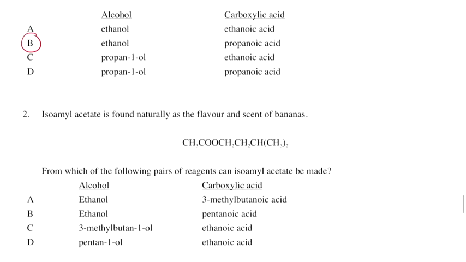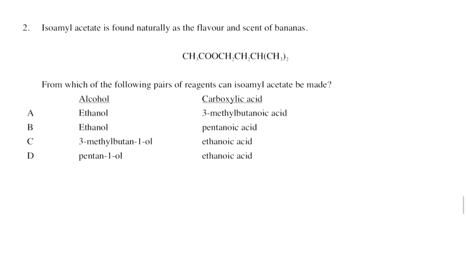And then move on to question 2. Question 2. Isoamyl acetate is found naturally as a flavor, and we have this molecule here. Which of the following pairs of reagents can this be made from?